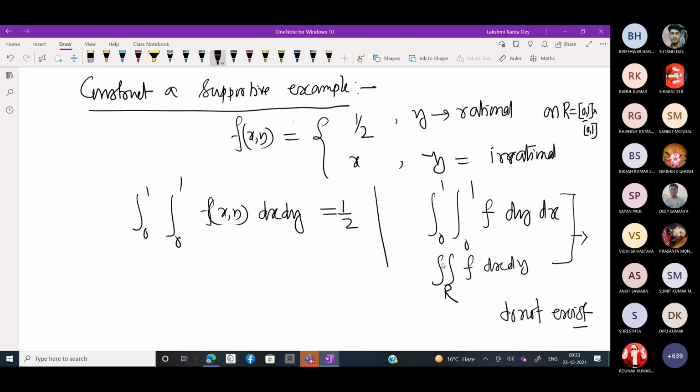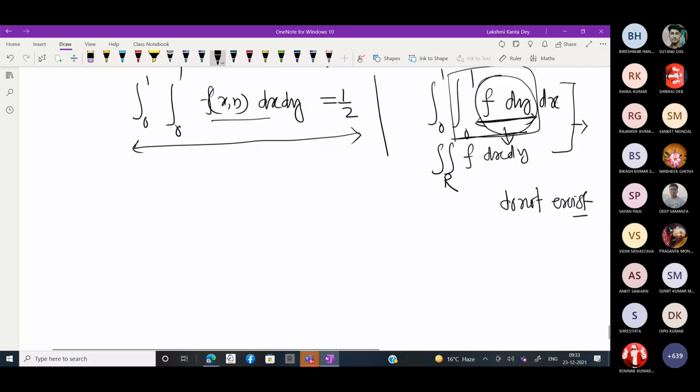So the double integral of f over R does not exist. And if we integrate with respect to y first, the function is not Riemann integrable, hence we cannot evaluate this part. But if we go by the other direction, then this function becomes integrable, and ultimately we can integrate and get 1 by 2. Okay, so this is one important example.